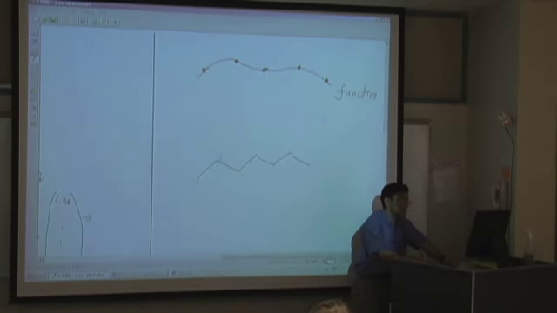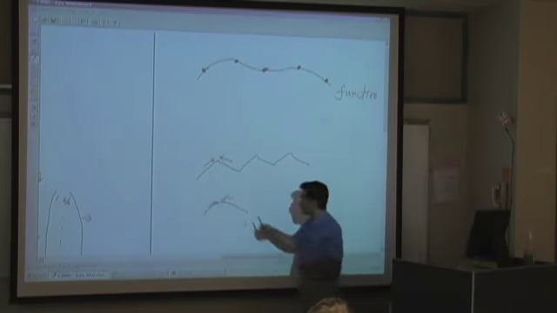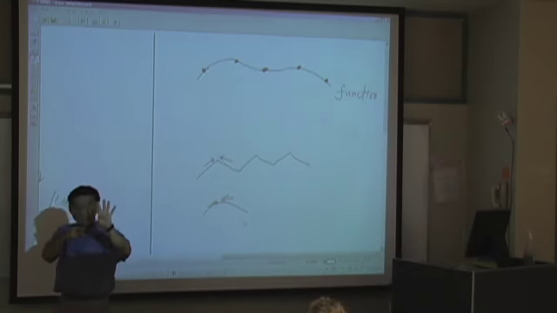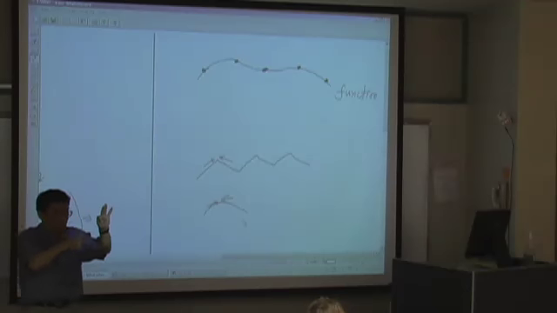In other words, the slope from this direction and the slope from this direction should match, but in this case it doesn't match. The slope condition should match, right? So we have the matching point condition, matching first derivative, matching second derivative condition, all these are there. Then how can you find the spline satisfying that kind of condition?